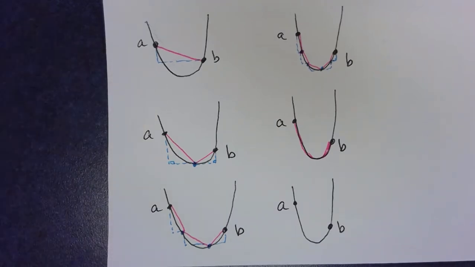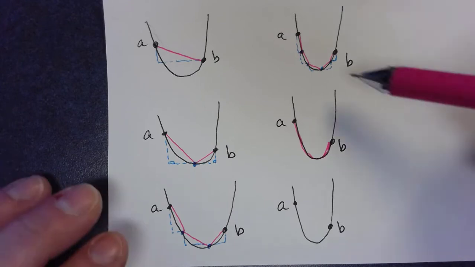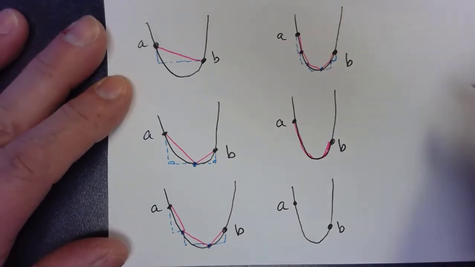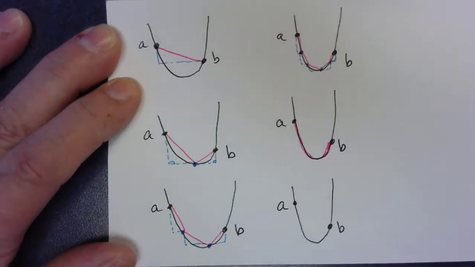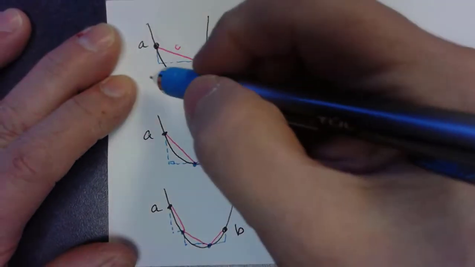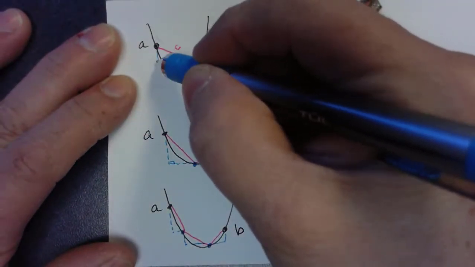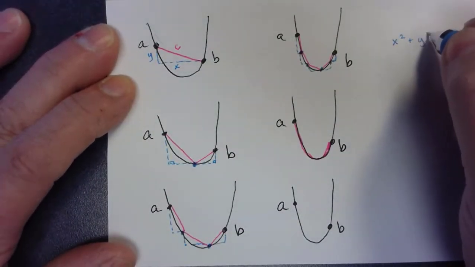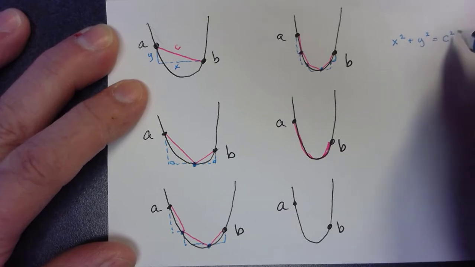Well, obviously, what did we have to do? We used our Pythagorean theorem, and we know that if this is c here, let's call this x, let's call this y, and we know that x squared plus y squared equals c squared.